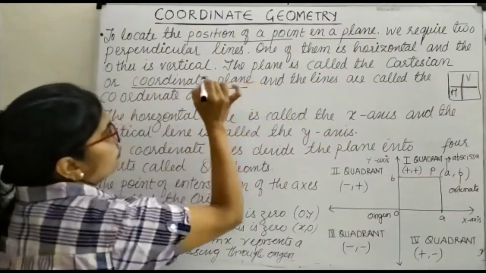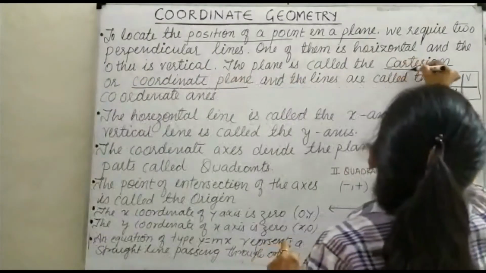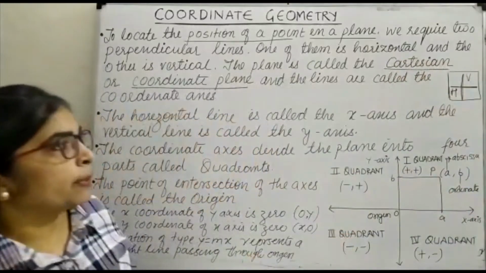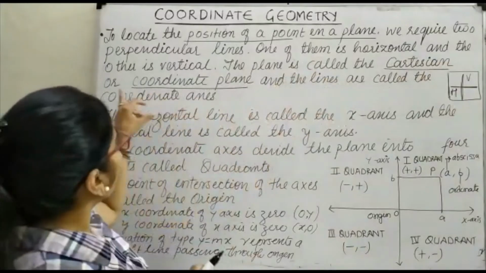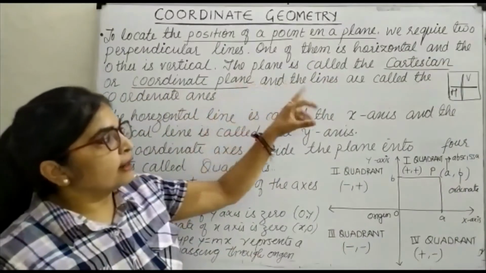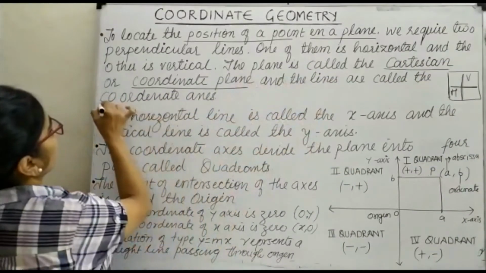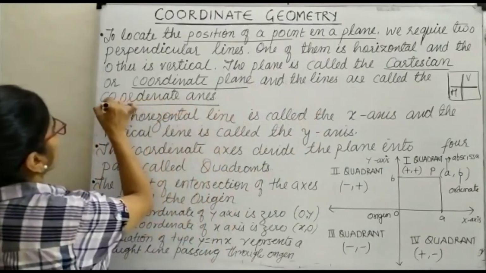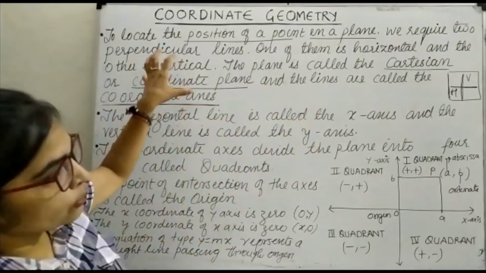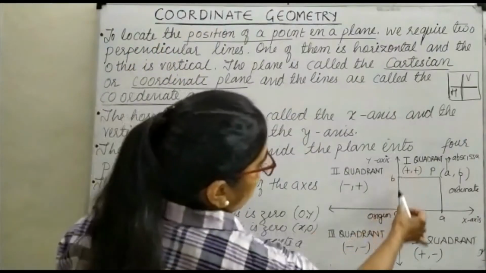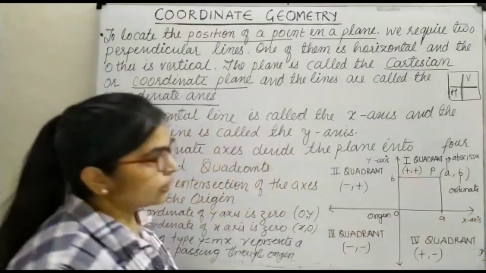So this type of plane, which is divided by two mutually perpendicular lines into four parts, is known as the Cartesian or coordinate plane, and the lines are called the coordinate axes. You can see the figure: two mutually perpendicular lines.